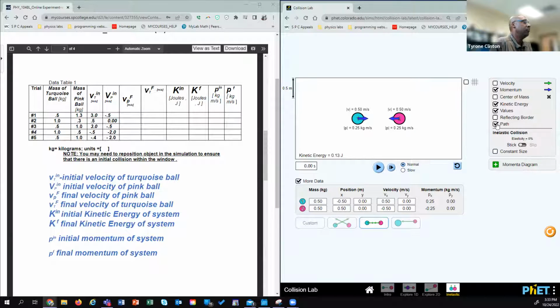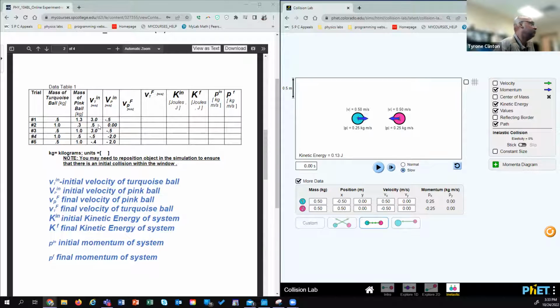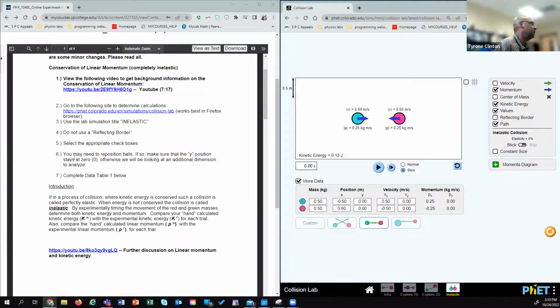I'll probably keep this path on. I think it just kind of gives a little trail of what's going on. Let's reset it. And I like to set this as slow. You may need to reposition these balls.